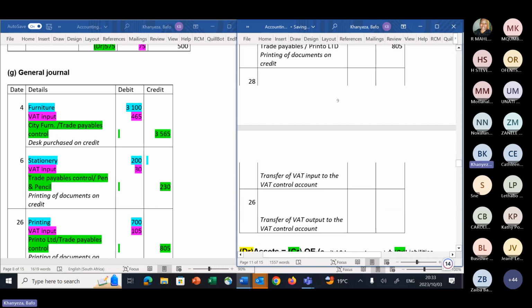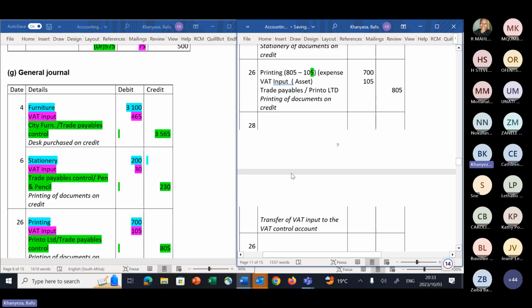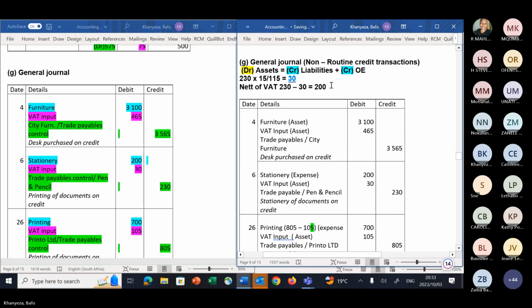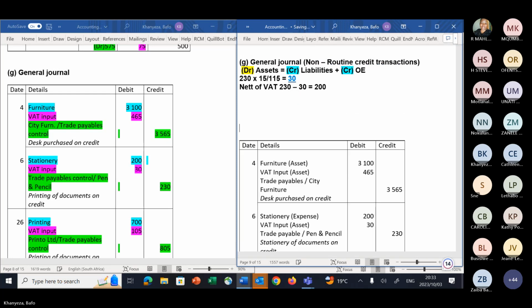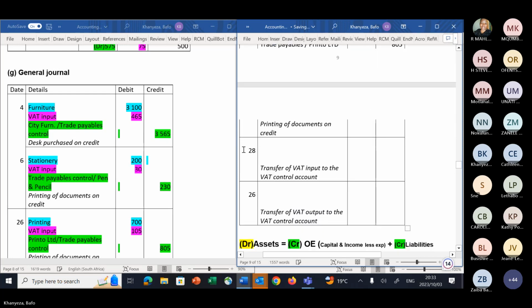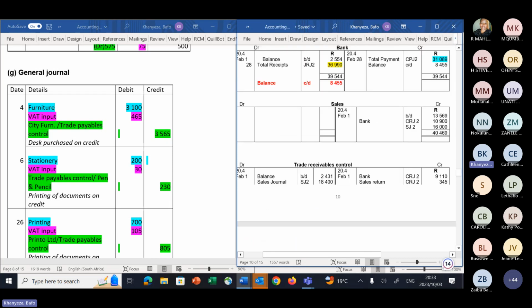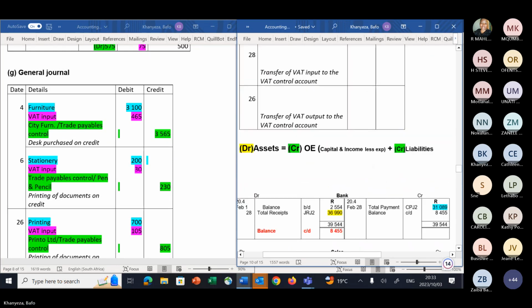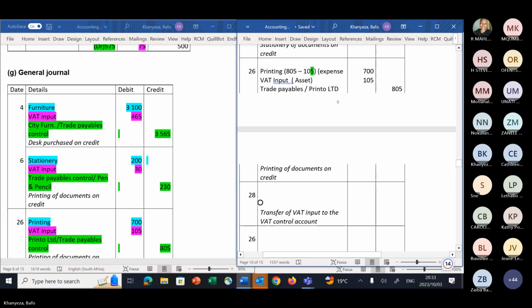We are transferring it from the VAT input account to the VAT control account. So we had 9332 as a debit.